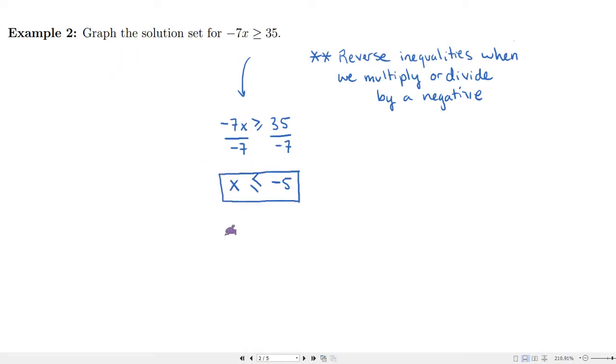So we're asked to graph the solution, but let's do this in a couple of different ways. One is, well, it's going to be less than or equal to, so we know that it's going to be a filled in circle like we had above. So let's do a filled in circle, denote -5 here.